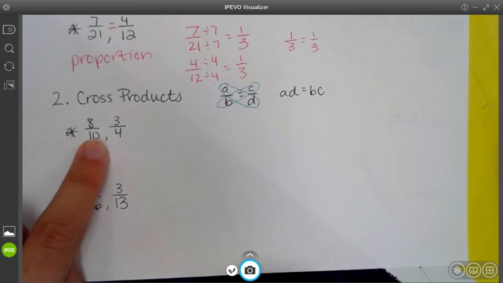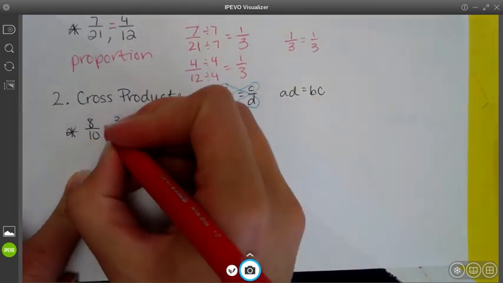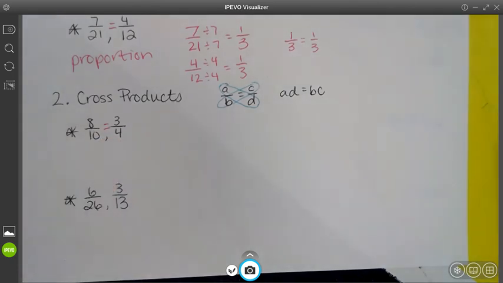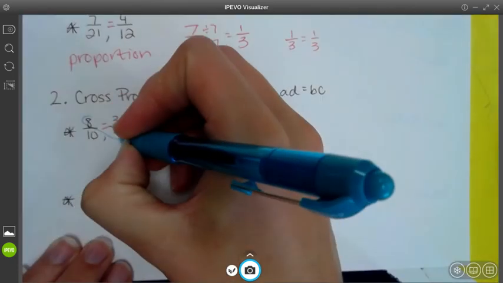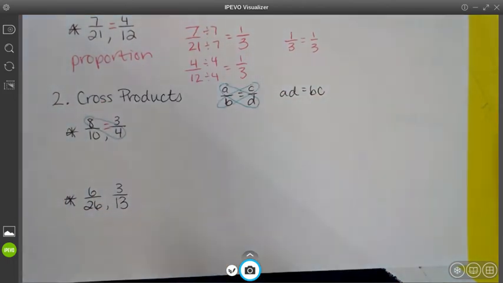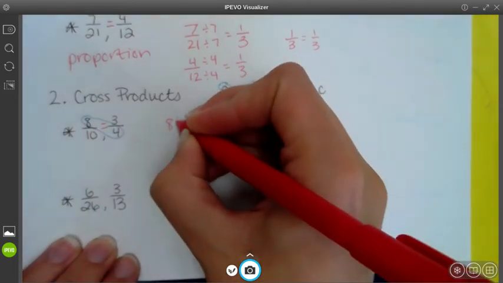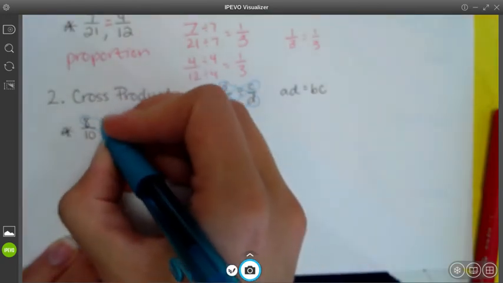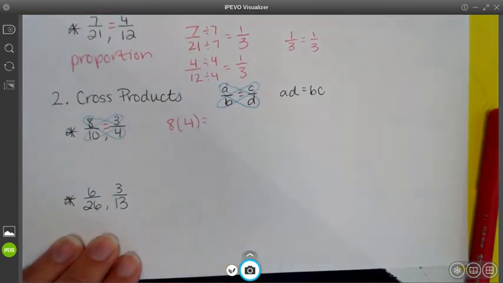So to determine whether 8 over 10 equals 3 over 4, we need to do the cross products. So 8 times 4 must equal 3 times 10.